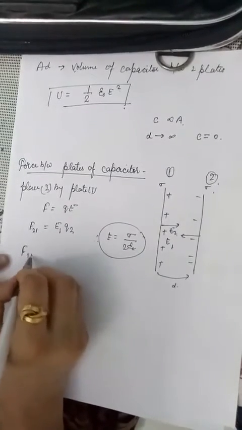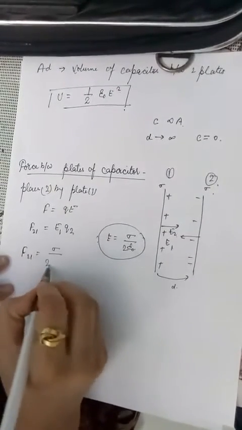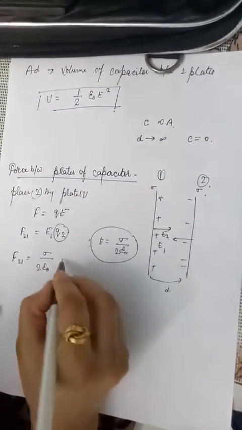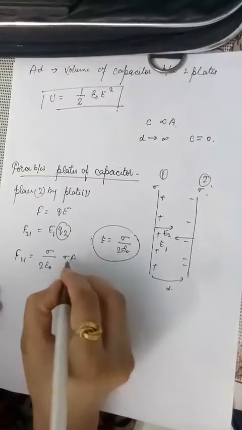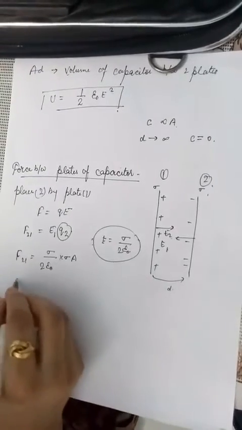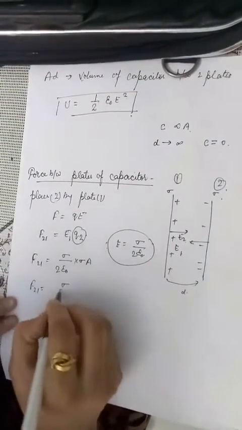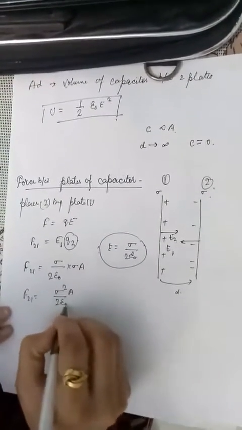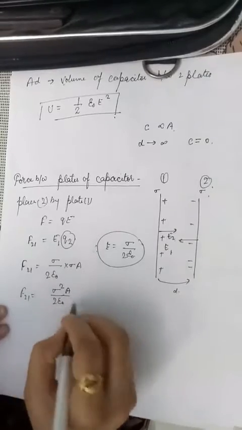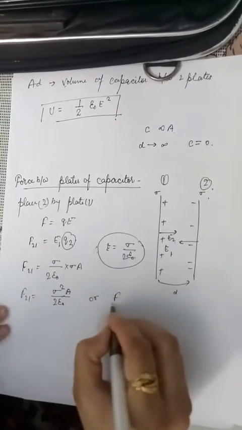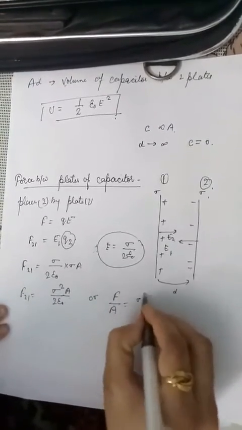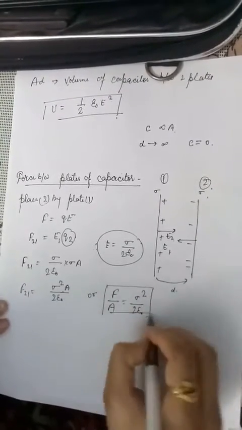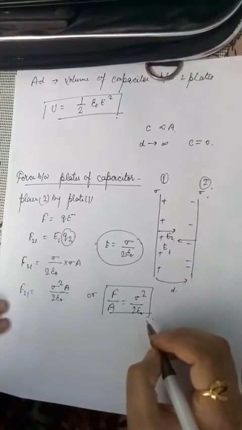So F21 is equal to sigma over 2 epsilon naught, and the value of charge is sigma A. So F21 will become sigma square A over 2 epsilon naught, or we can write F upon A is equal to sigma square over 2 epsilon naught. This is the force on unit area of the plate.